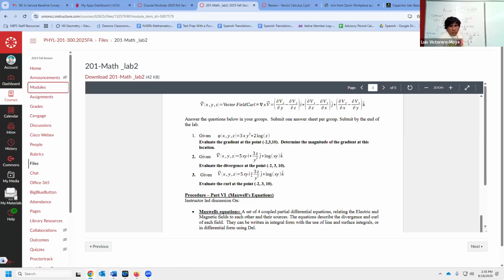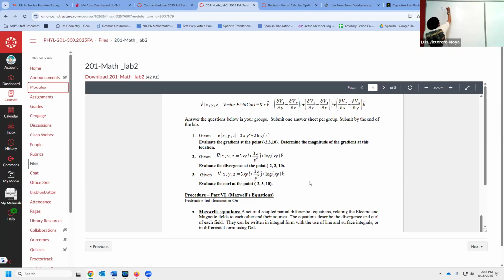Evaluate the divergence. So let's give you a function that looks like that. I want to use log now, not natural log. As long as you guys keep it organized, you will be fine. It's all a matter of keeping it organized, all right? So let's give you a vector field equal to something similar.